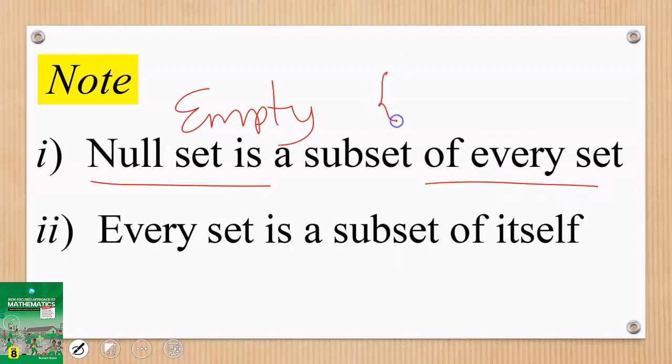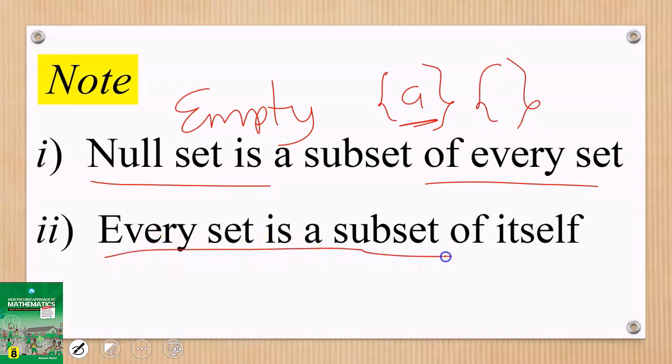So if I have a set containing A, that means set A is a subset of itself, and the empty set is a subset of set A. Every set is a subset of itself. These two important pieces of information need to be taken care of. The null set is a subset of every set, and every set is a subset of itself.